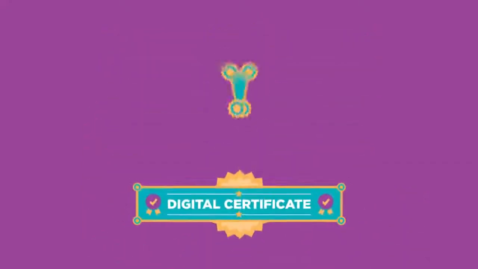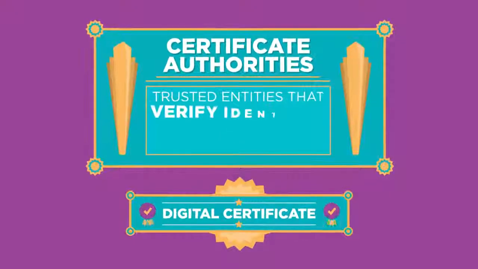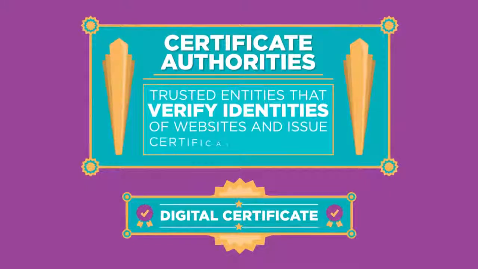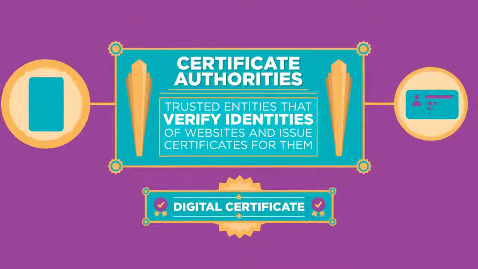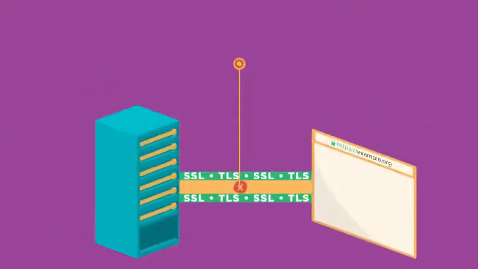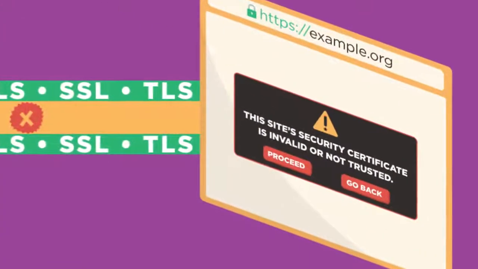Digital certificates are published by certificate authorities, which are trusted entities that verify the identities of websites and issue certificates for them, just like a government can issue IDs or passports. Now, if a website tries to start a secure connection without a properly issued digital certificate, your browser will warn you.